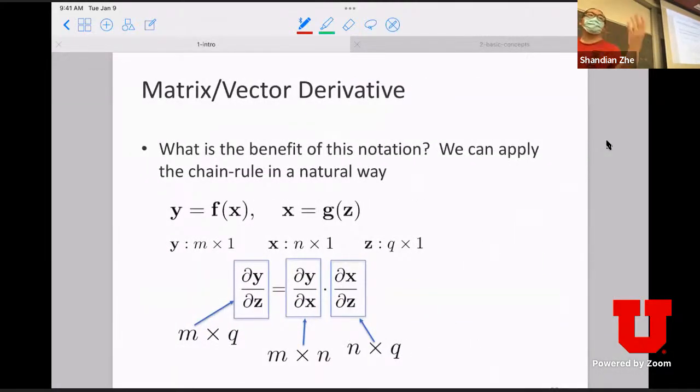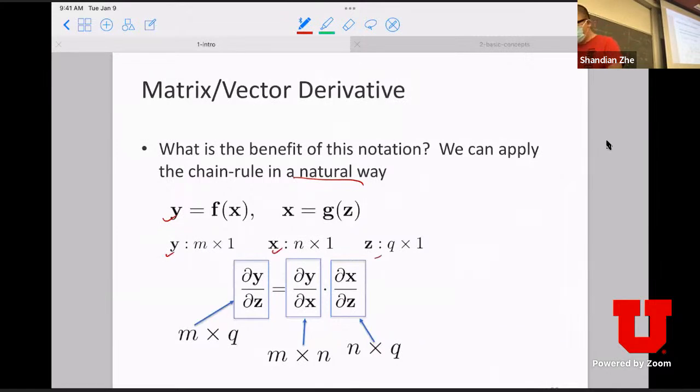If we stick to the original Jacobian, the biggest benefit is that you can apply the chain rule very naturally from left to right, right? Take this example. Suppose your output Y is a composite function. It's a function of X, X is a function of Z, and Y is m by 1, X is n by 1, and Z is q by 1.